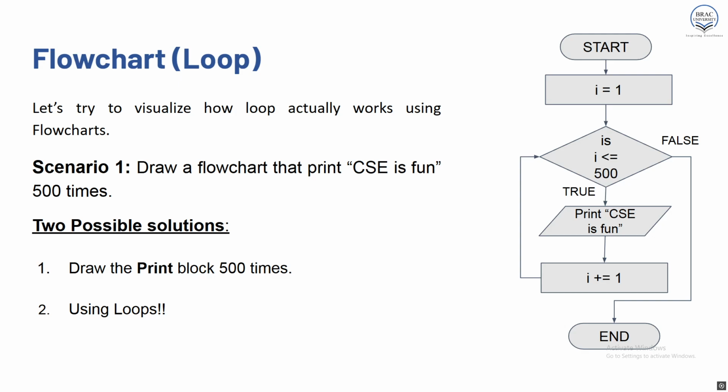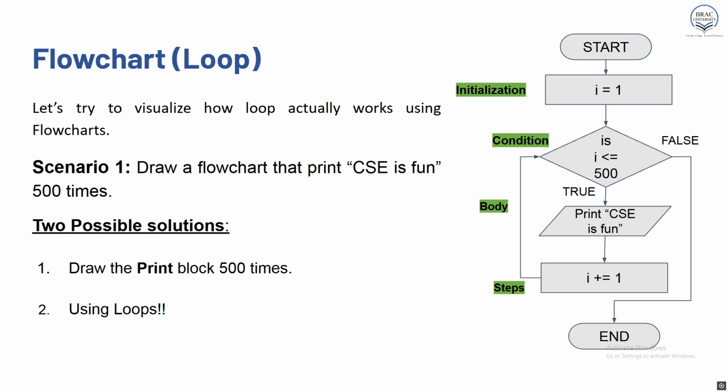We start the flowchart and initialize the value with 1 in variable I. Then in the condition, we are checking if the value of I is less than or equals to 500 or not. As the value of I is 1, it will go into the true block and print CSE is fun, which is the body.